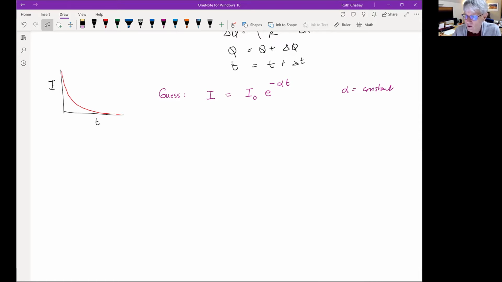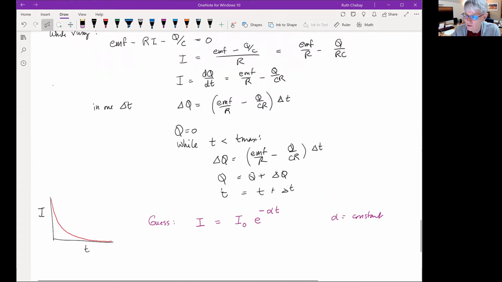And so what we're going to do is plug this into our equation from up here. So here's our equation.